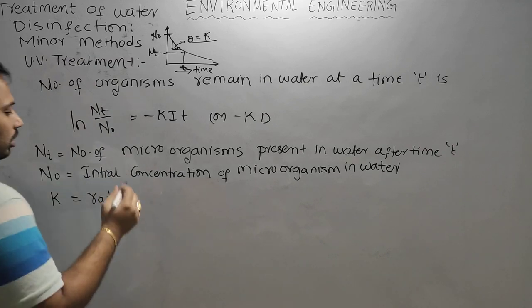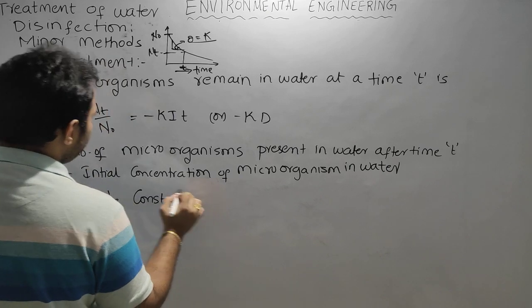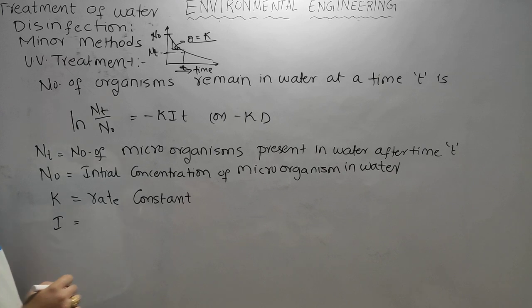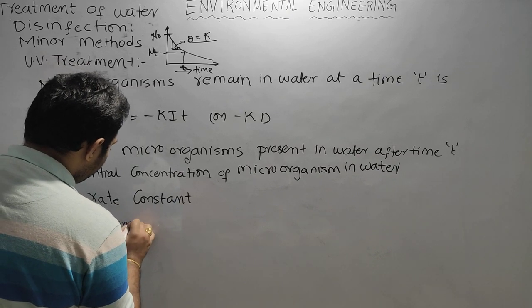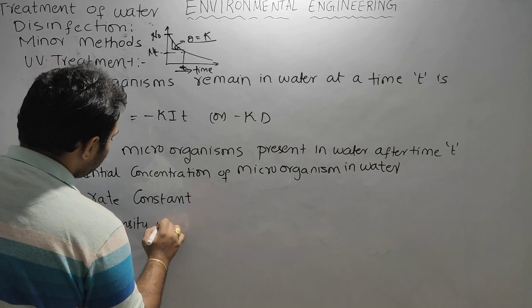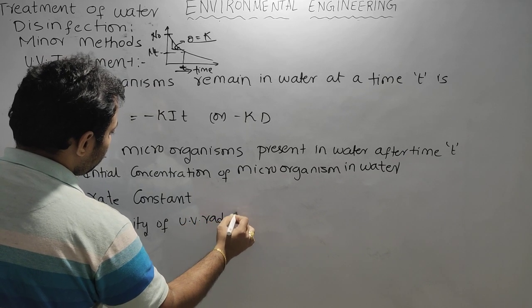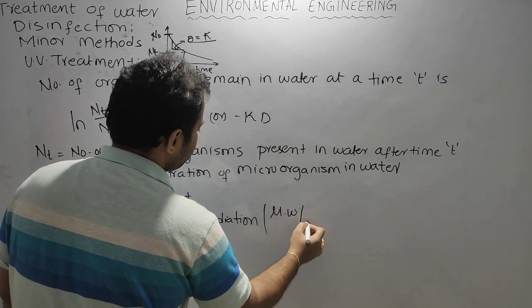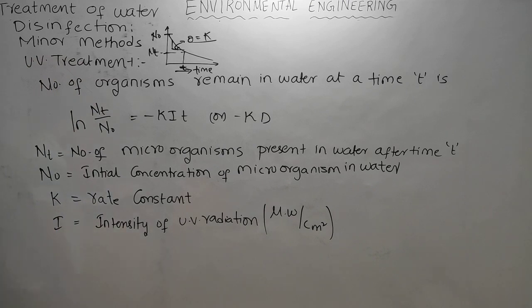Sorry, k is the rate constant. I is the intensity of UV radiation, in microwatt per centimeter square.